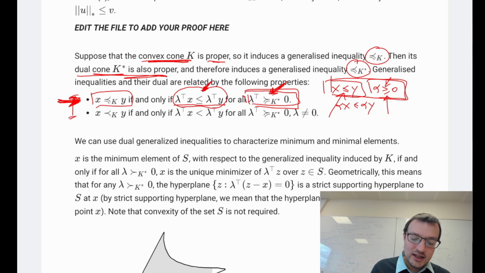So essentially there is a way of comparing vectors that belong to the cone and the dual cone in a way that is just a comparison between two scalars.